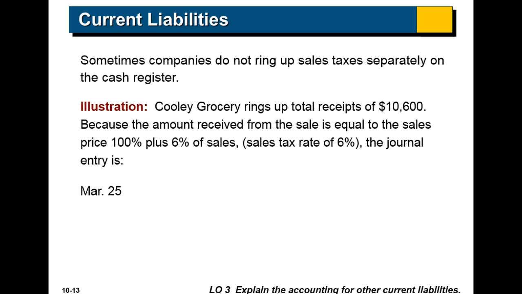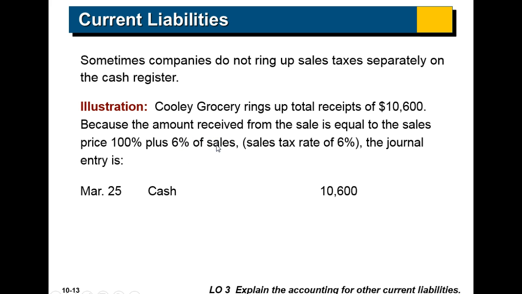Sometimes companies do not ring up sales taxes separately on the cash register. If the sales tax isn't segregated out, then Cooley rings up total receipts of $10,600, because the amount received from the sale is equal to the sales price plus 6%.